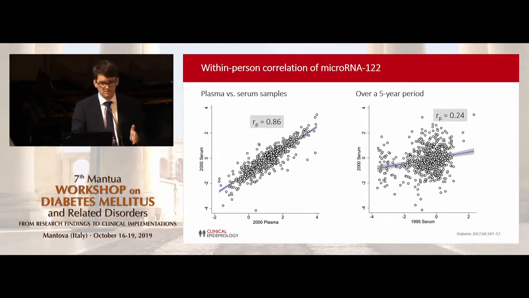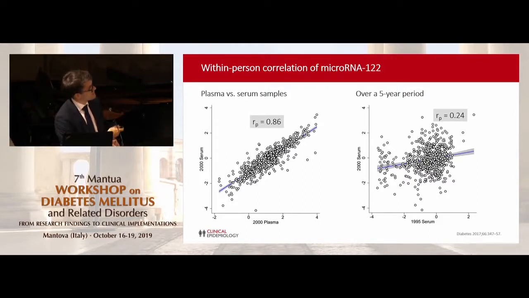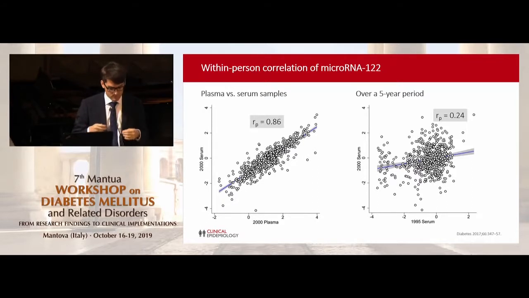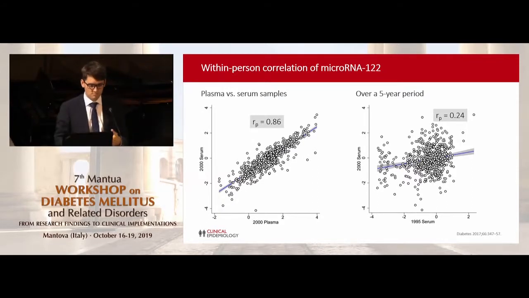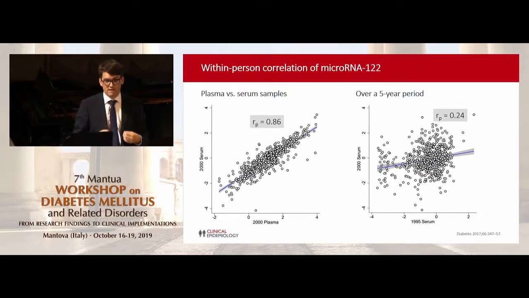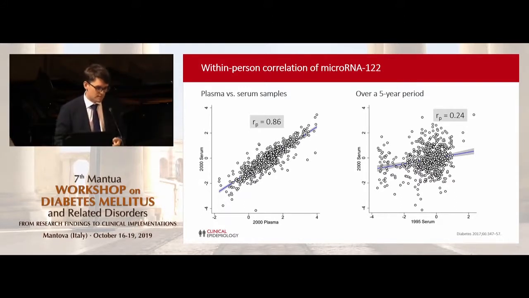On the other hand, what you can see on the right side is that when we looked at the variability and stability of levels over time, it was actually quite poor. So there was only a very weak correlation between the values we measured in 1995 and the values we measured 5 years later. So there seemed to be some changes in the individuals over time.